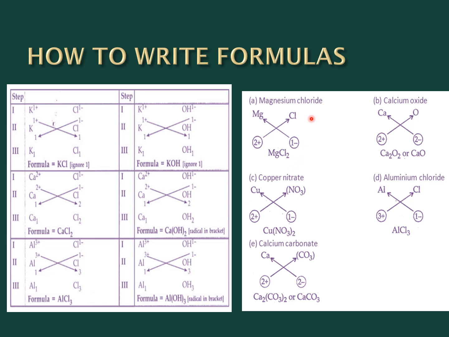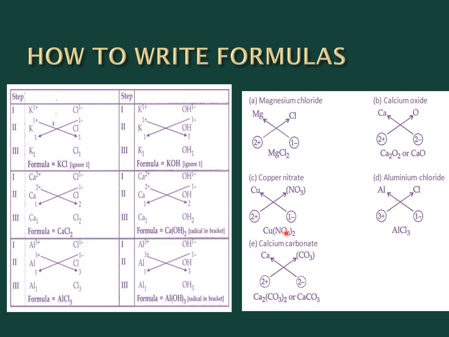A few more examples. Magnesium chloride. Magnesium's formula, chloride's formula. Their valencies exchanging, MgCl2. Calcium oxide. Calcium and oxide. Their valencies exchanging with each other, forming Ca2O2. We dismiss both the twos, CaO. Copper nitrate. Cu for copper, NO3 nitrate. Copper's valency +2, nitrate -1.